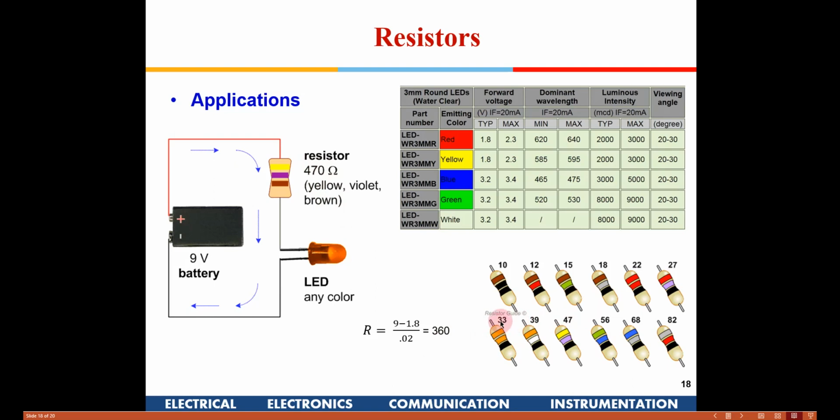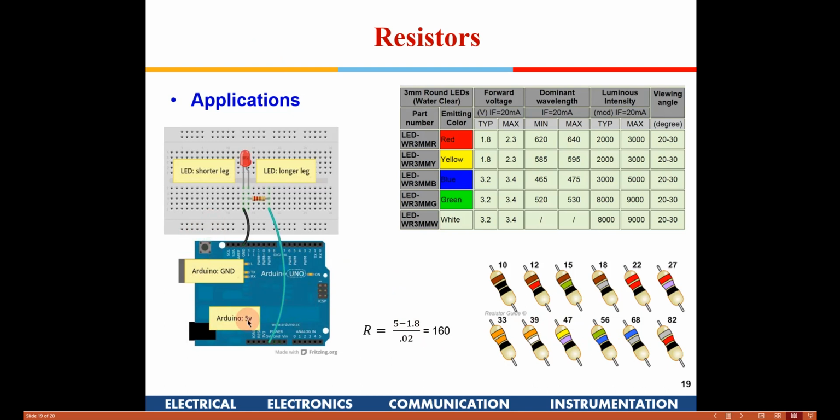But resistances below 390 are not recommended, otherwise this LED will blow off. You can put 560, 680, but the brightness will go lower, so it will not glow as brightly. So 360, 390 or 470 is an ideal resistance which needs to be connected in series in this way, right?